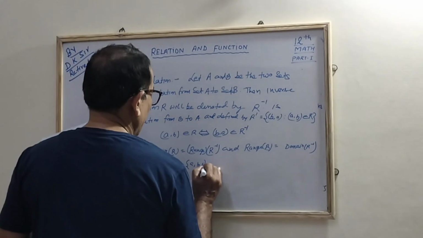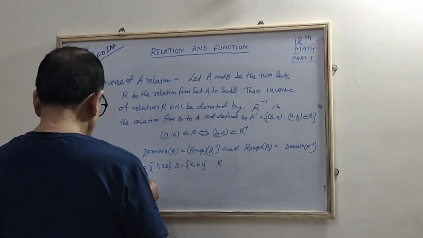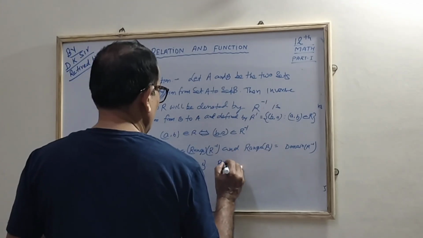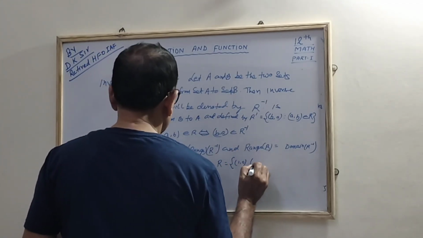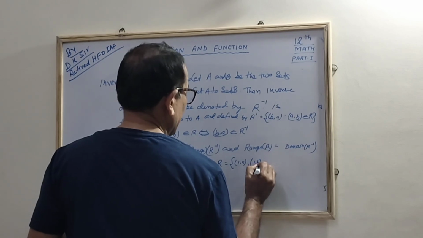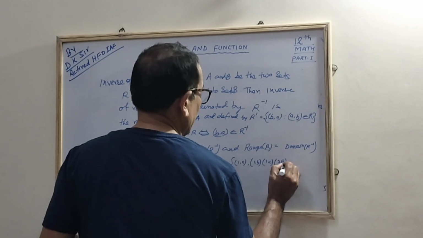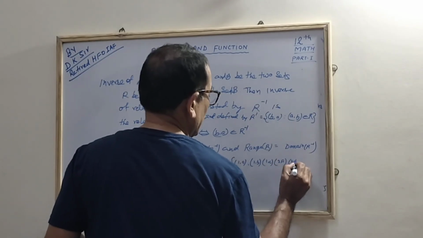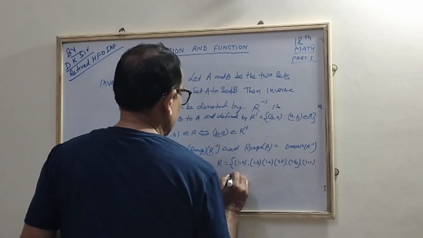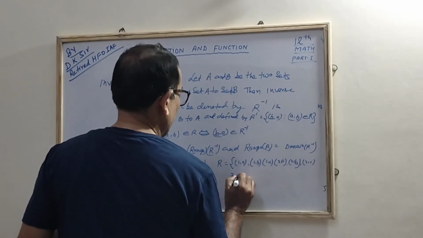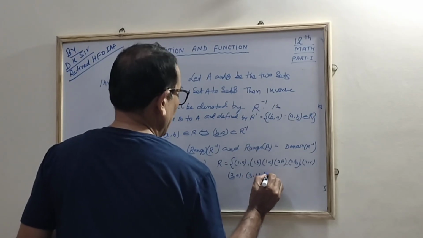Then the relation R is equal to the ordered pairs (1,a), (1,b), (1,c), (2,a), (2,b), (2,c), (3,a), (3,b), and (3,c).